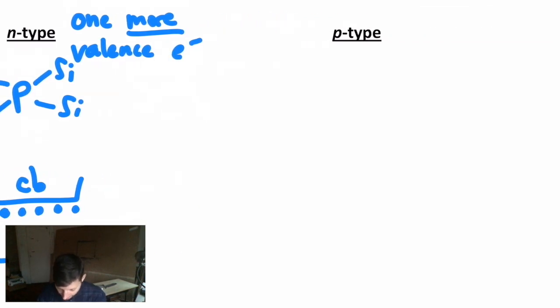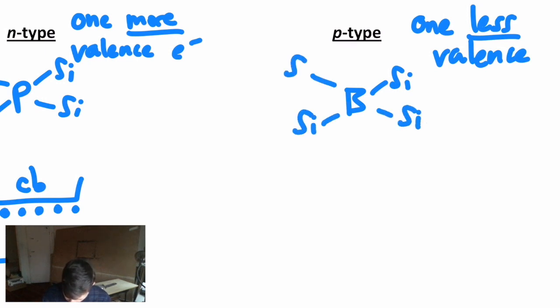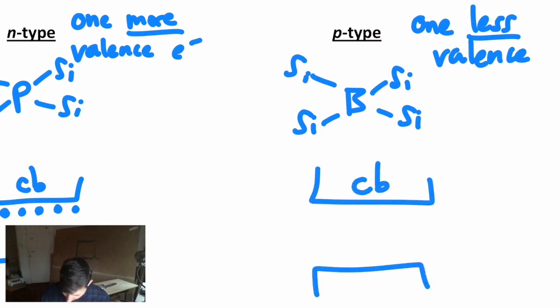A P-type semiconductor is when you have one less valence electron. So instead of silicon, we could have something like a boron atom embedded in the silicon crystal. You still have your conduction band, you still have your valence band.